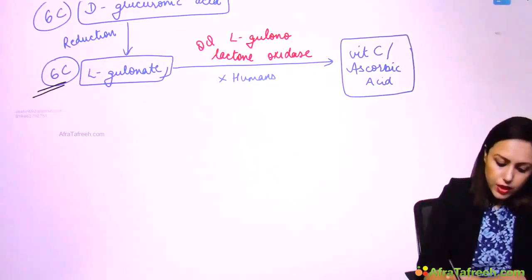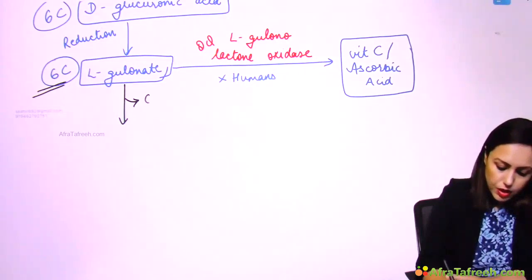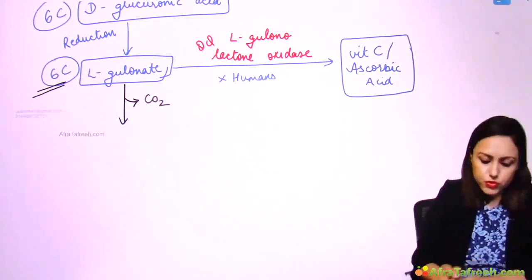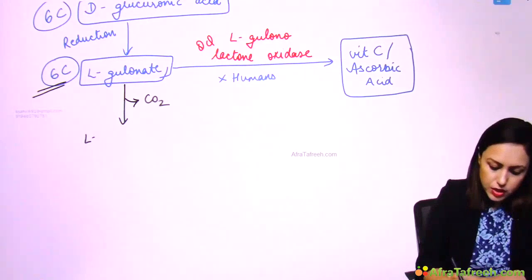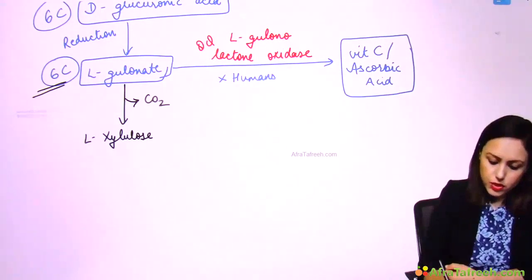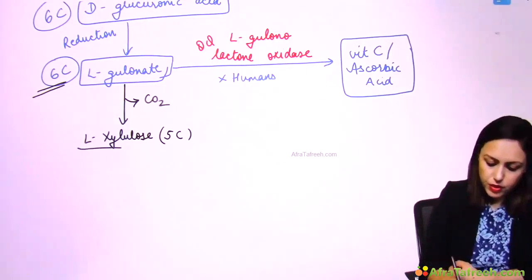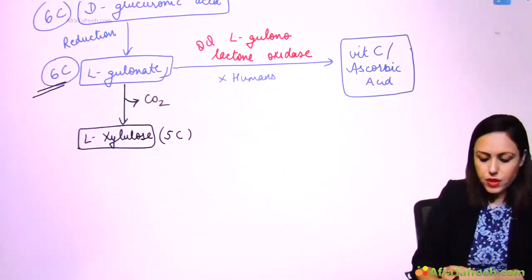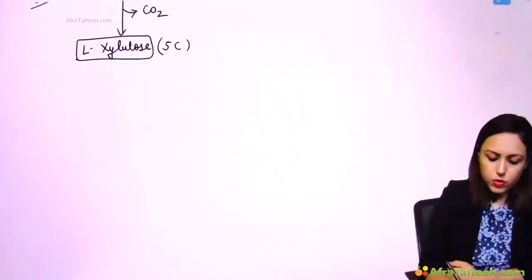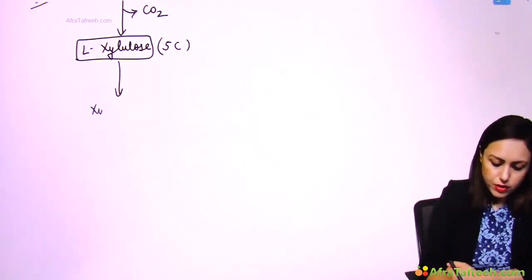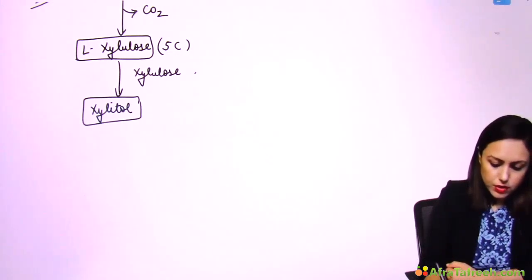Now in the next step, one carbon dioxide will be removed and we get L-xylulose. L-xylulose is now a 5-carbon compound. This L-xylulose is converted to xylitol by xylulose reductase enzyme.